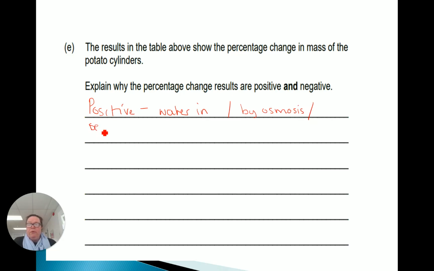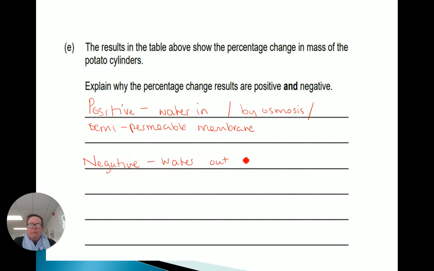Now you can, if you want to, it's often a mark as well, say through the semi-permeable membrane. Okay, and when they go down, obviously you're going to write it in slightly better sentences.